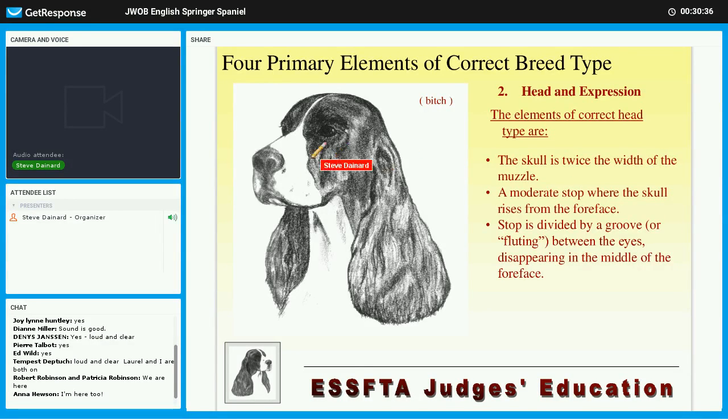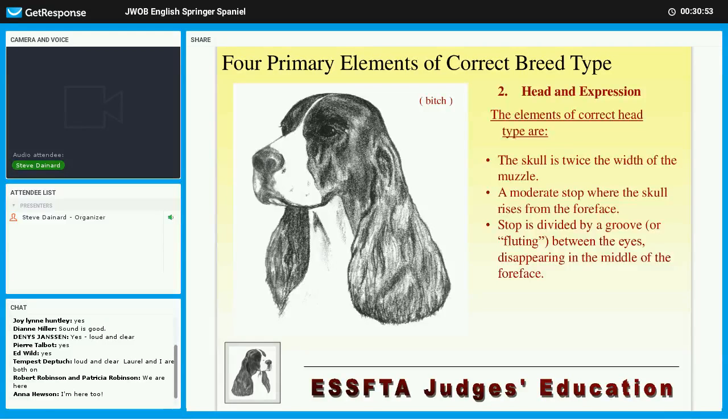Another big issue that we're seeing is that the skull here is approximately twice the width of the muzzle. What we're seeing is an exaggeration of stop.